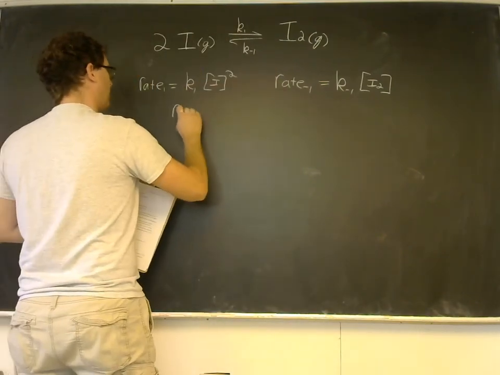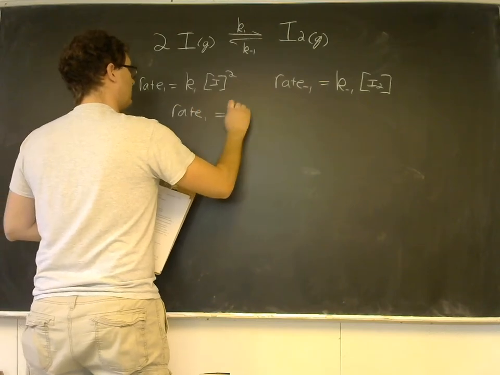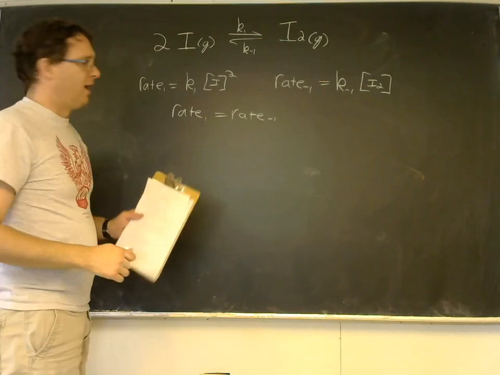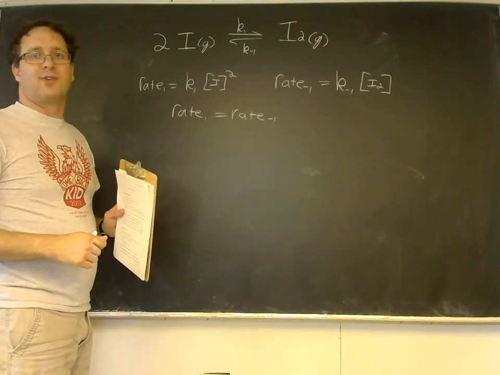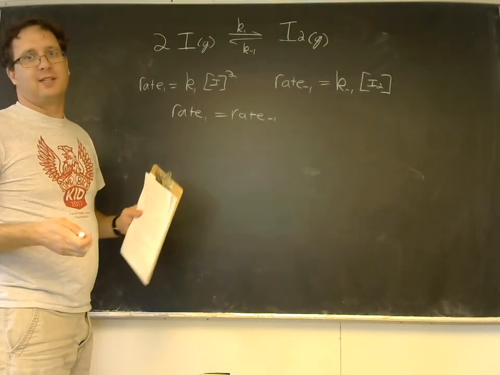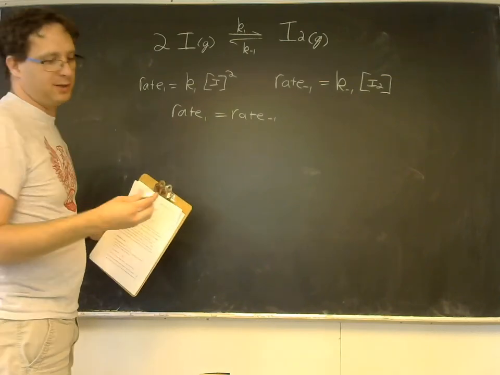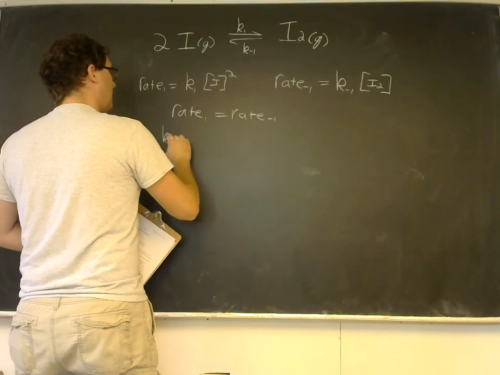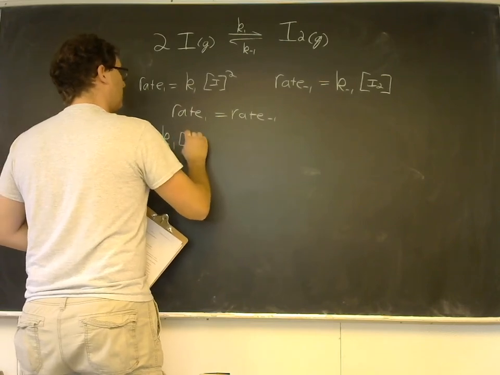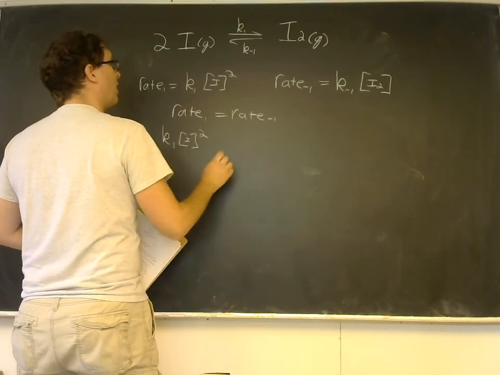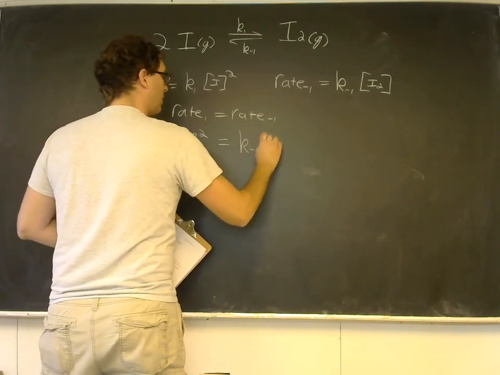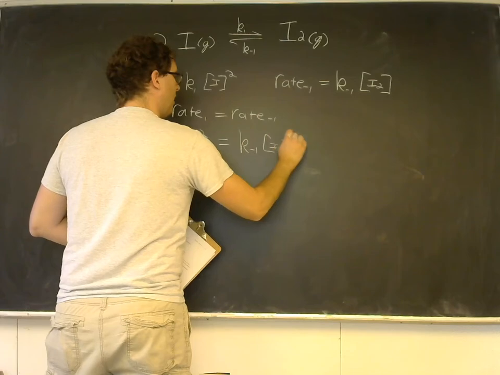Okay, well, we can make use of that definition of equilibrium to set these two rates equal to each other. Rate 1 is equal to rate -1, a familiar exercise from when we were analyzing reaction mechanisms with a pre-equilibrium. So rate 1 is k1 times the concentration of I squared, and rate -1 is k-1 times the concentration of I2.